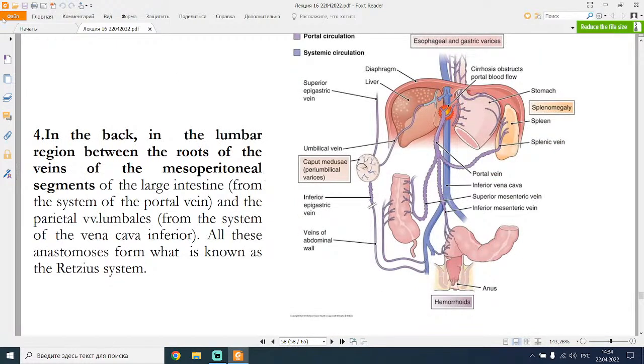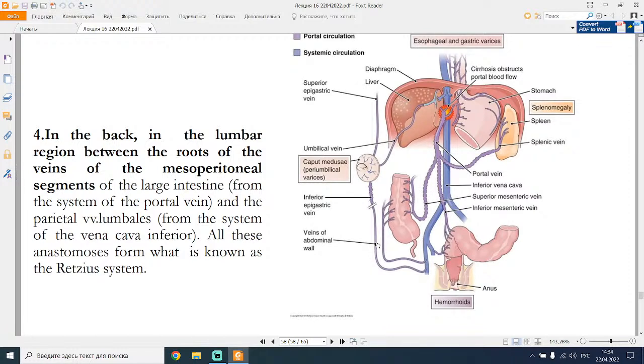In back, in the lumbar region, between the roots of the veins of the mesoperitoneal segment of the large intestine from the system of the portal vein, and the parietal vena lumbalis from the system of the vena cava inferior.